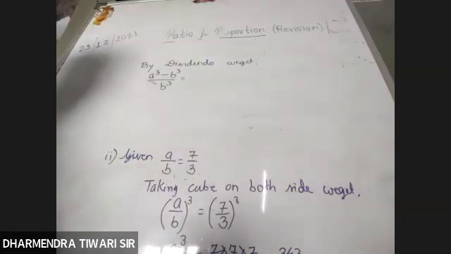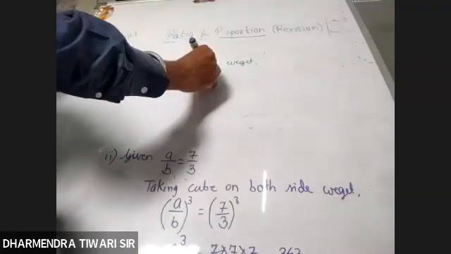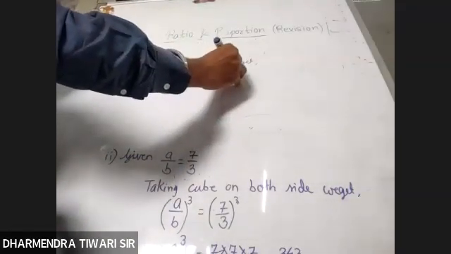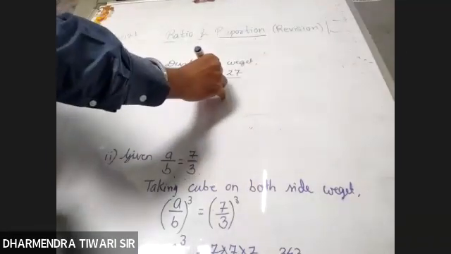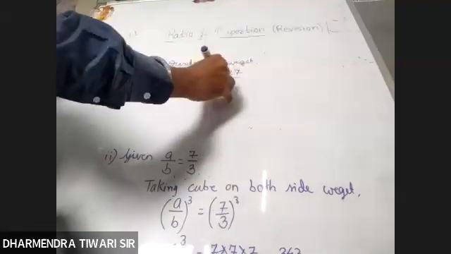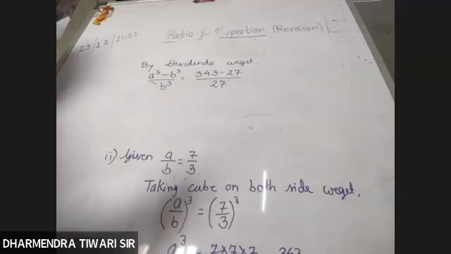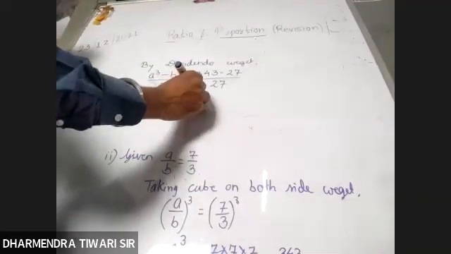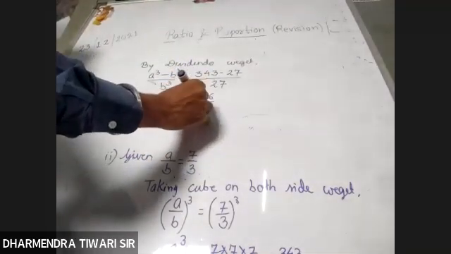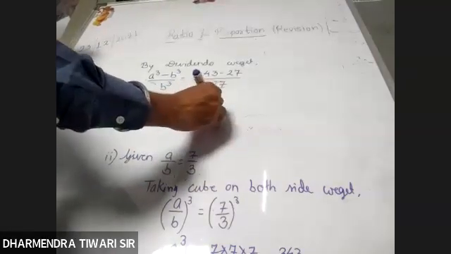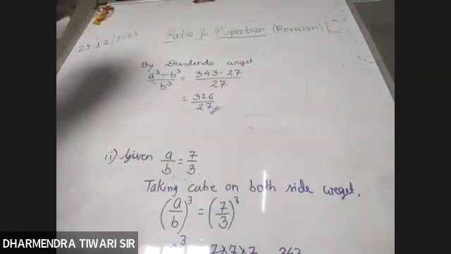So 343 minus 27 divided by 27. When we subtract 27 from 343, what are we going to get? We are going to get 316. Yes. So the answer is 316 divided by 27.